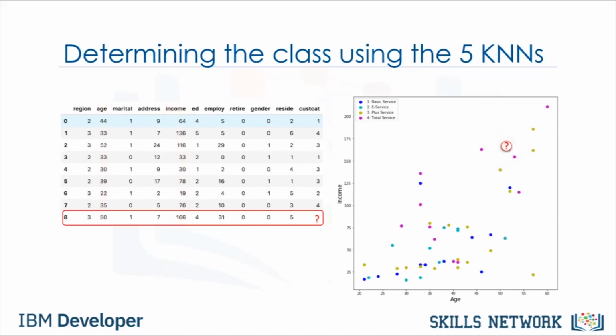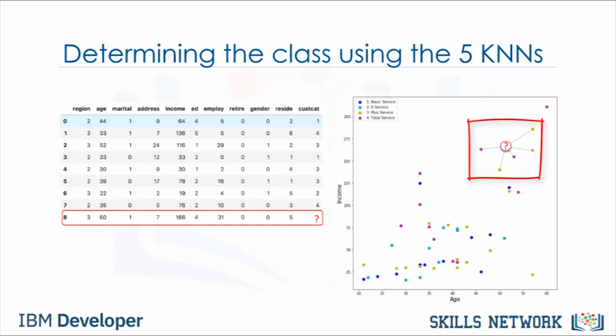Correct? Now, let's look at our scatter plot again. Rather than choose the first nearest neighbor, what if we chose the 5 nearest neighbors and did a majority vote among them to define the class of our new customer? In this case, we'd see that 3 out of 5 nearest neighbors tell us to go for class 3, which is plus service.